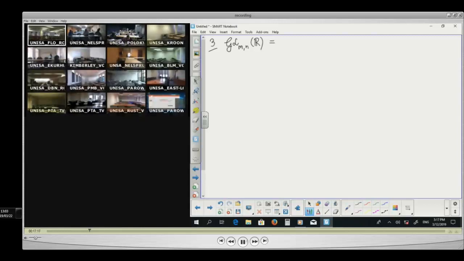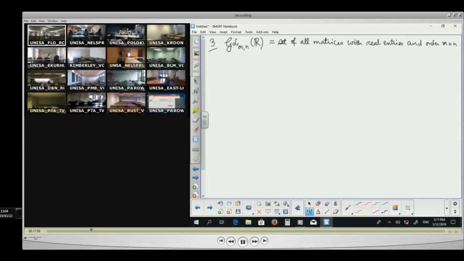This is the set of all n cross n matrices with real entries. That set is denoted by this symbol. Okay? GL stands for general linear. We will see later on why it is called so.